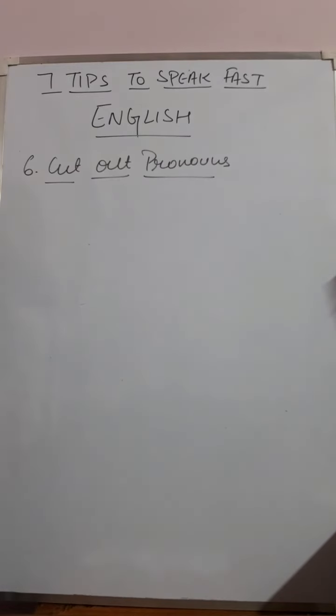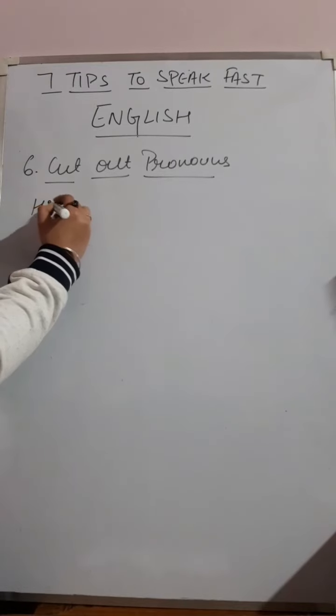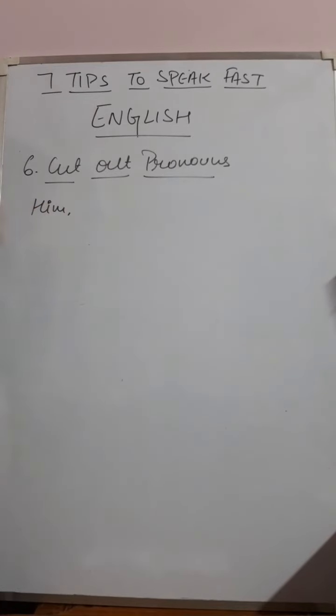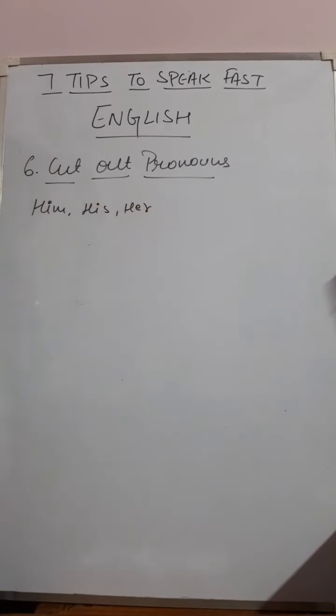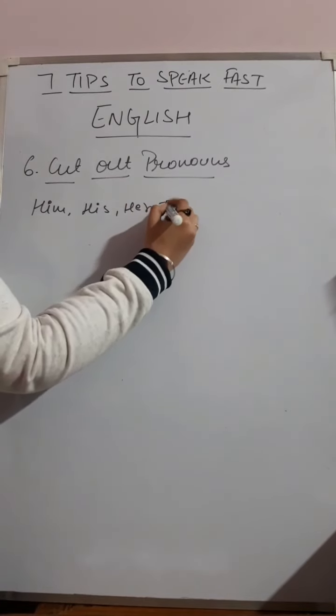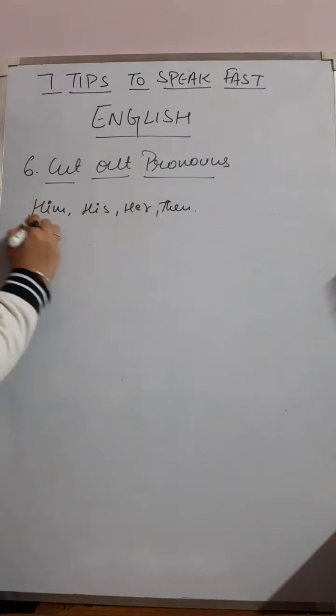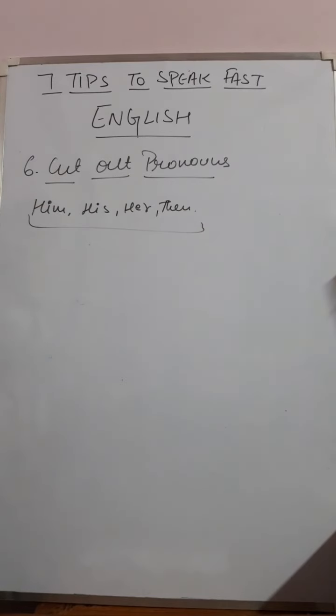Now the sixth tip with which we can speak faster is to cut out pronouns, like cutting off him, his, her, them, all of these from the sentence.